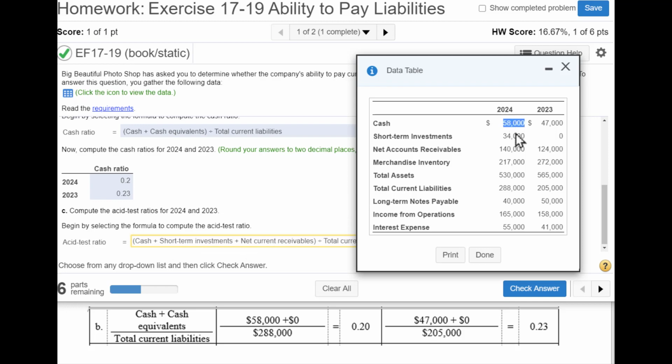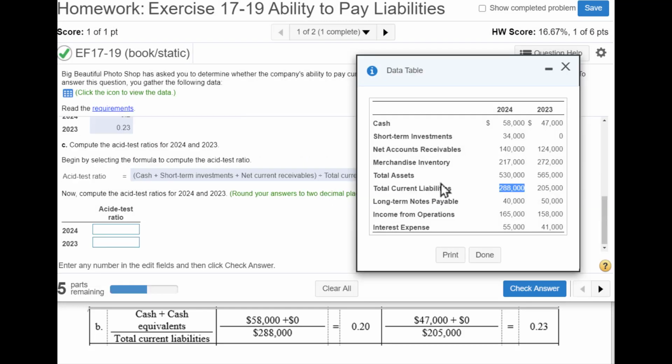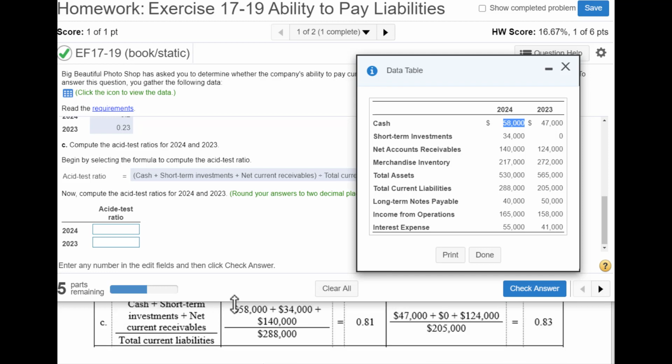So cash, short-term investments plus net accounts receivable divided by total current liabilities. So for 2024, we're going to take 58,000. Let me show you the calculation down here at the bottom. We're going to take 58,000 plus 34,000 plus the net accounts receivable.